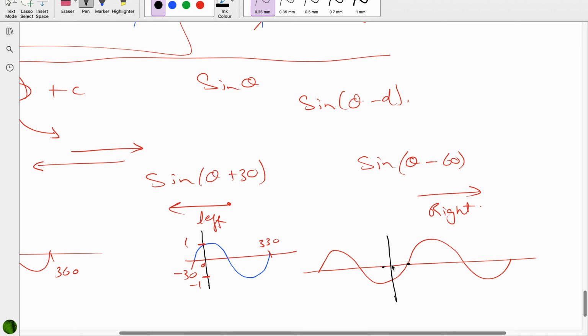This was 0, now this point is 0. This ending point was 360, but it has moved forward, so 360 plus 60 is now 420. This point is 60 degrees. The highest point is still 1, the lowest point is still minus 1.